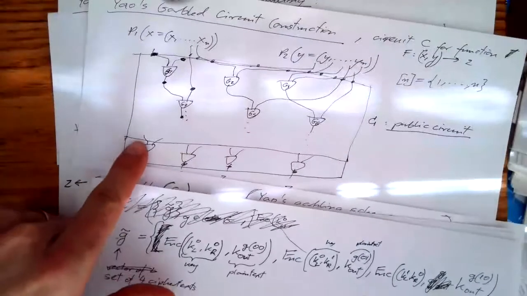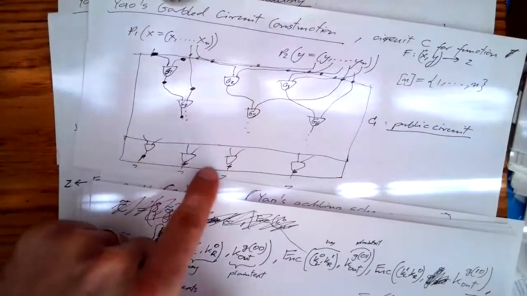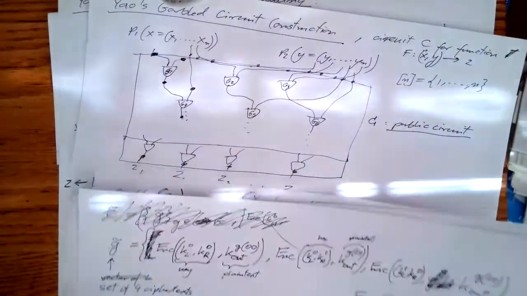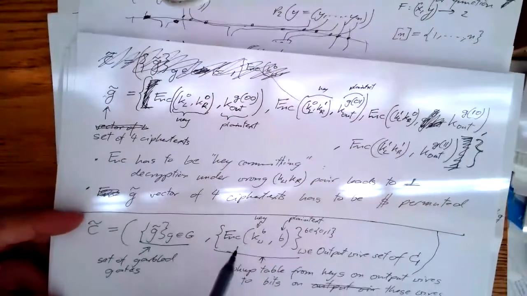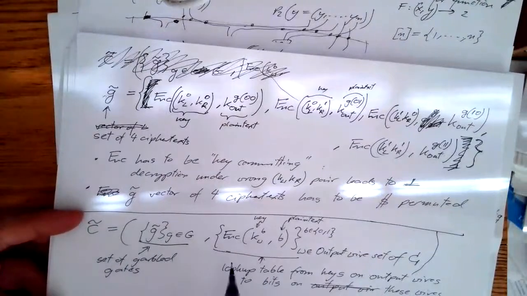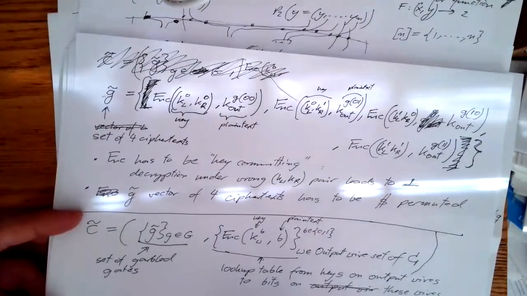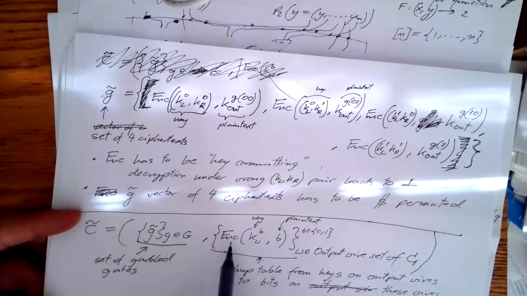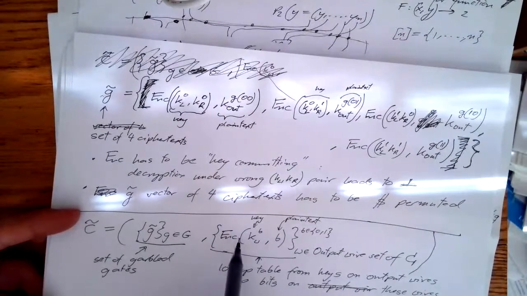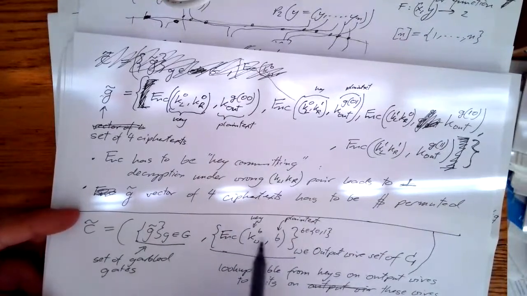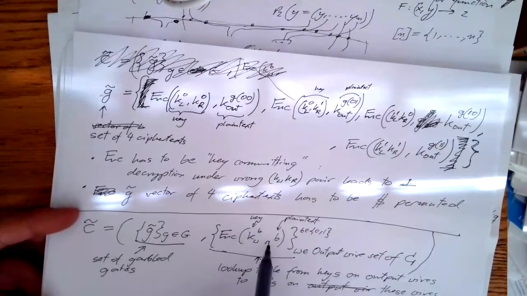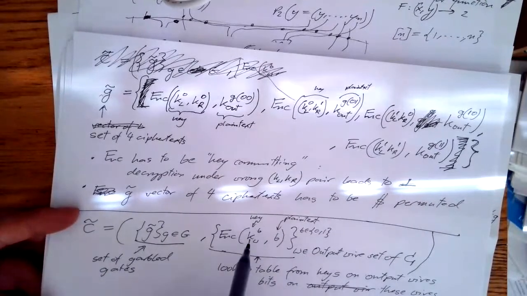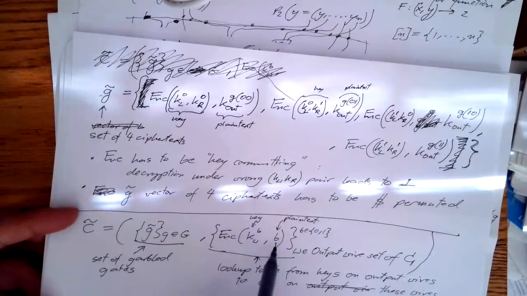Finally, it has the keys corresponding to the output wires, and now it uses this lookup table. How? It has a key for every output wire. So it goes to this lookup table and tries to decrypt both of the two entries corresponding to that output wire, and sees which one succeeds.